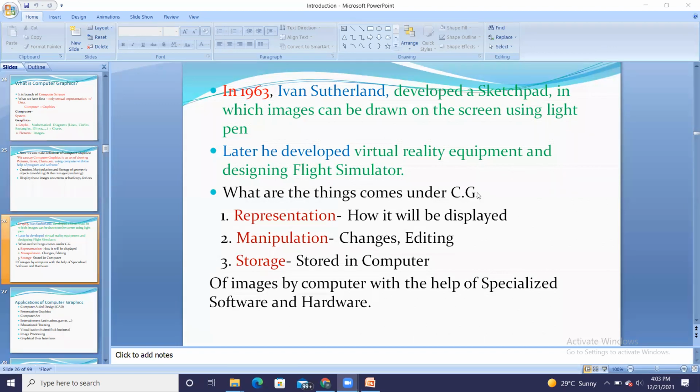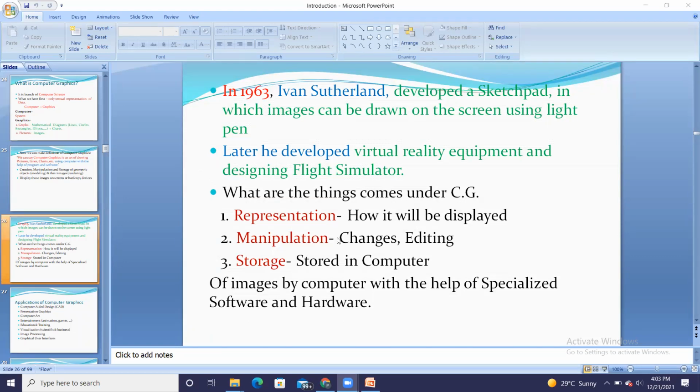While playing games in the game zone, you might have used those controls to increase the speed of the car, apply brakes, and change the direction. So first Sutherland developed the Sketchpad, and after that he developed the virtual reality equipment and did the flight simulation.